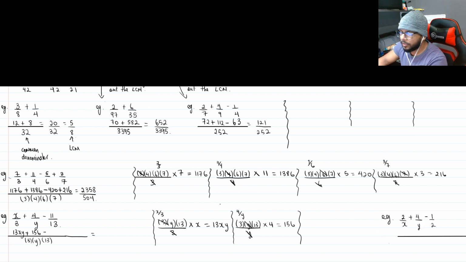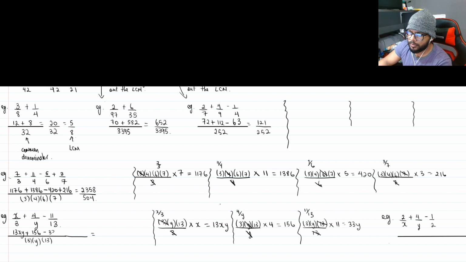The last fella is going to be 11 over 13. I'm going to have 3 by y by 13 over 13 multiplied by 11. Bam shot. 3 by y is 3y, and 3y multiplied by 11 is 33y.